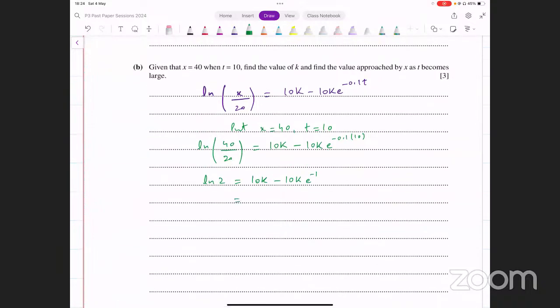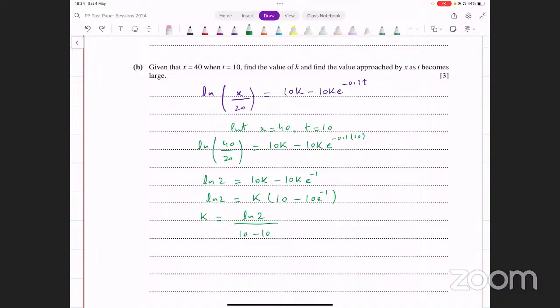How do you find the value of k now? You can take k common on the right side, and that leaves you with 10 minus 10 e raised to power minus 1. On the other side, you've got ln of 2, and then k equals ln 2 divided by 10 minus 10 e raised to power minus 1.